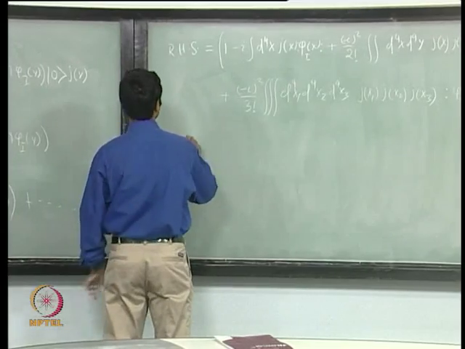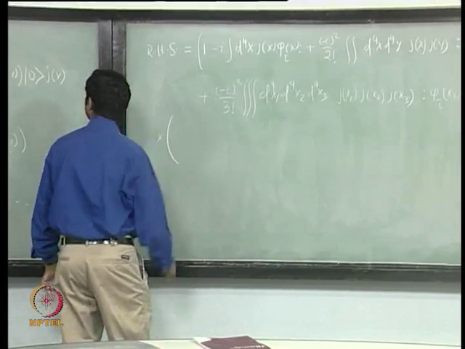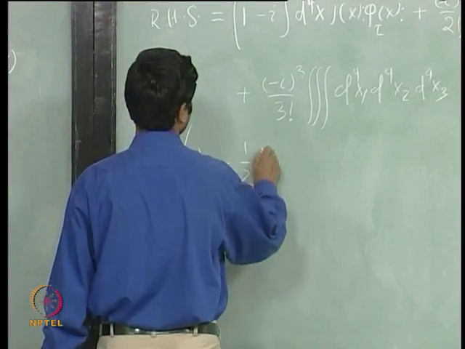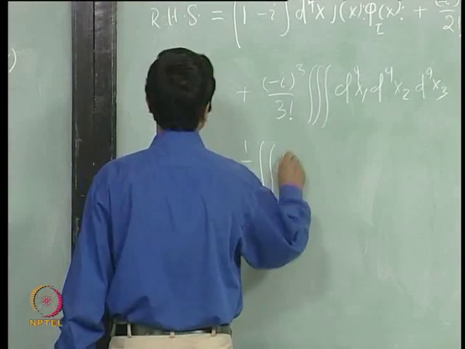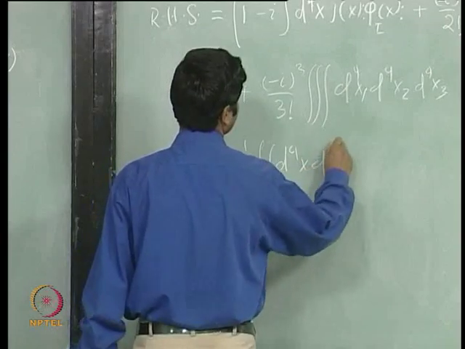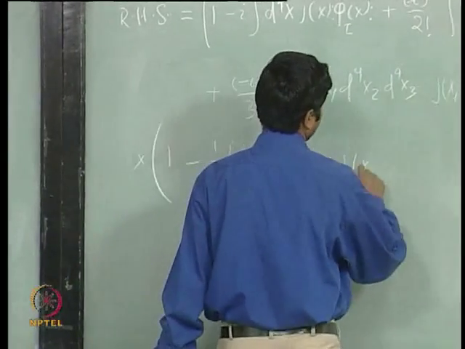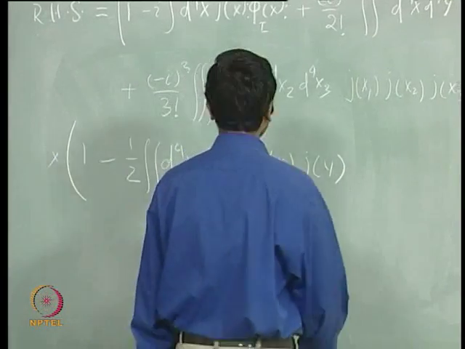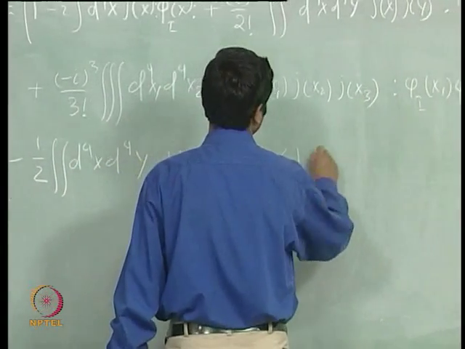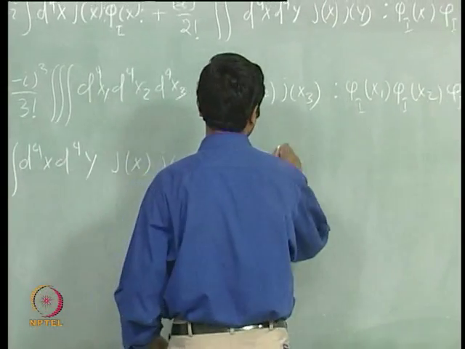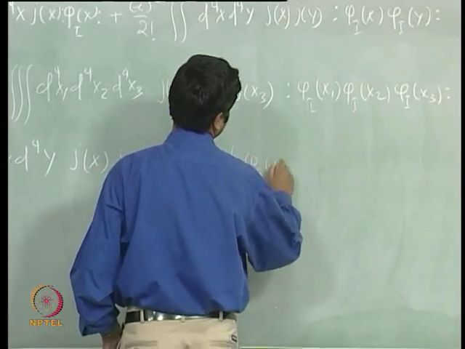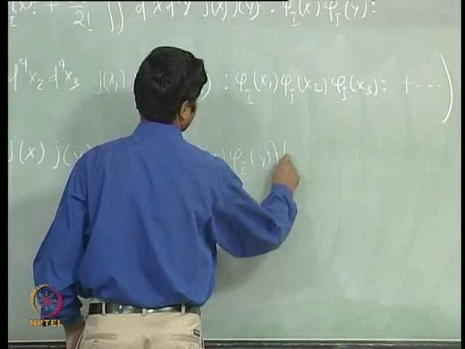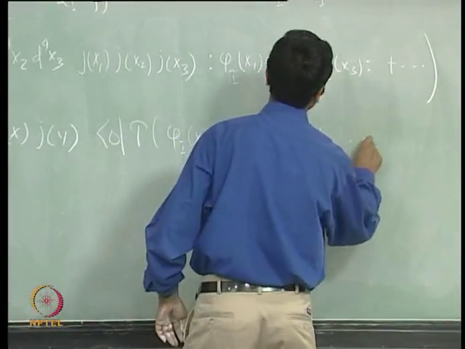Then I will also get this times 1 minus half d4x d4y J of x J of y times vacuum expectation value of time order product of phi I x phi I y, and so on.